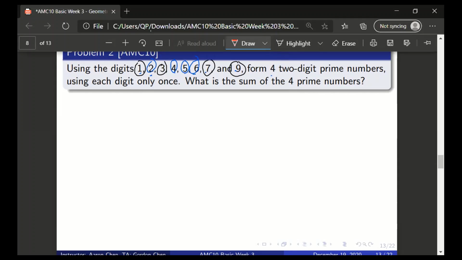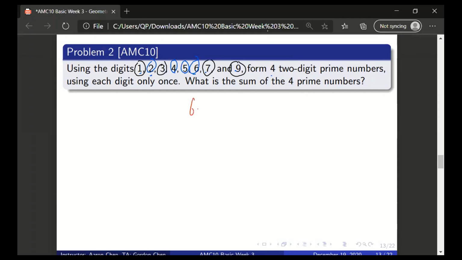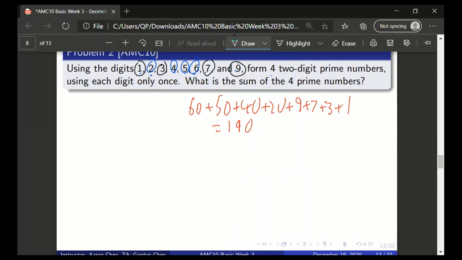So the sum of the four prime numbers is 60 plus 50 plus 40 plus 20 plus 9 plus 7 plus 3 plus 1, and this adds up to 190. An example of a construction would be 23, 41, 59, and 67, and you can verify for yourself that these add to 190.